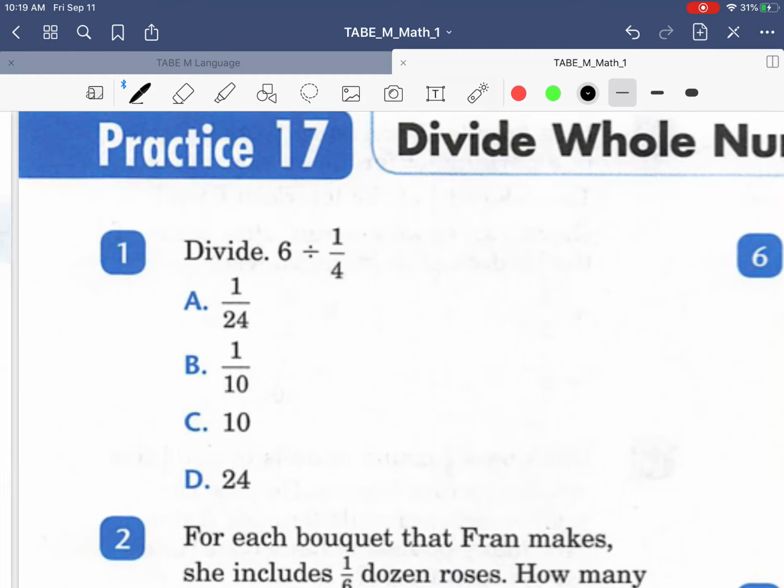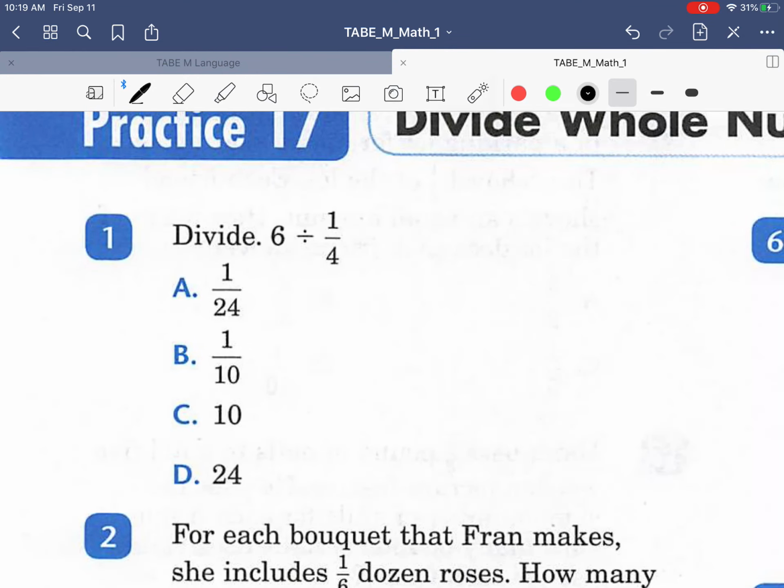And as an example, let's take a look at number 1 here. 6 over 1 divided by 1 over 4. You know the process if you watched the last video. We make this a times sign and we use the reciprocal here. So 4 over 1 becomes the reciprocal that we need.